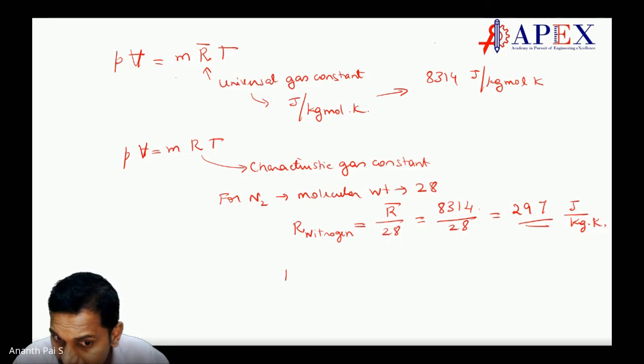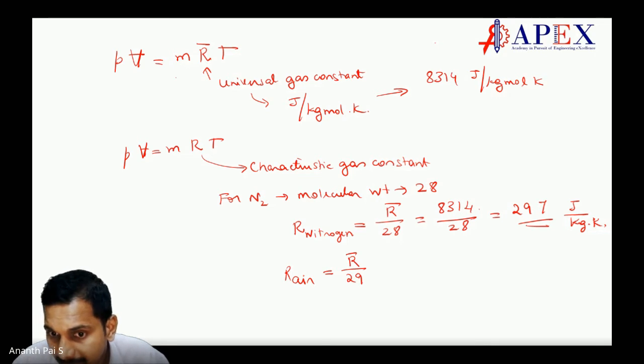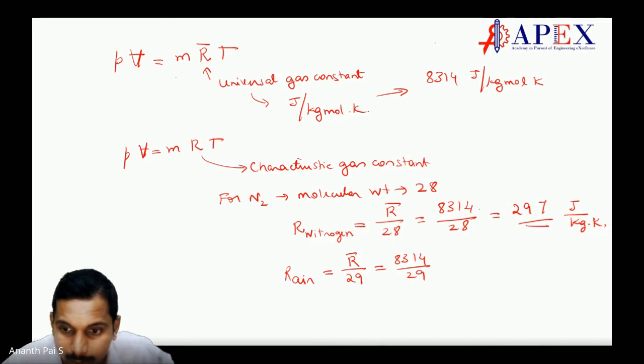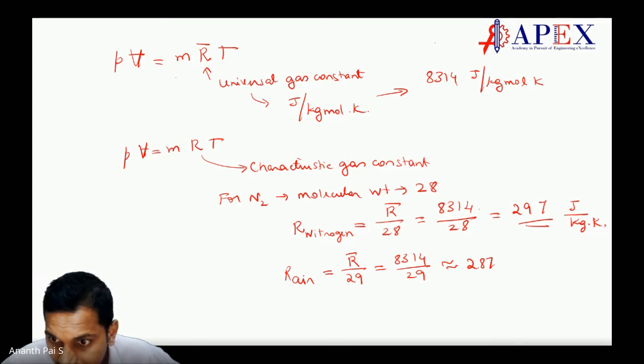But if you consider air, the molecular weight is taken as nearly 29, keep in mind. So this is nothing but 8314 divided by 29, which comes out to be nearly 286.68, which can be taken as 287 joules per kg Kelvin.